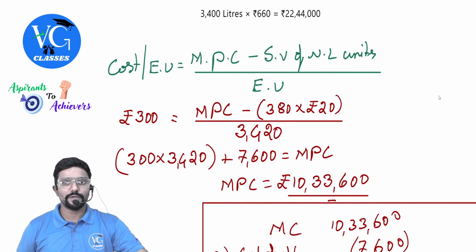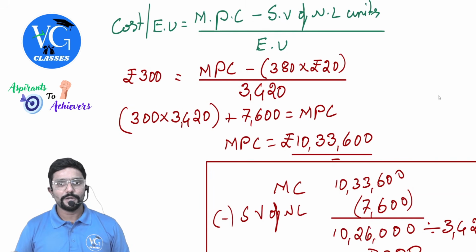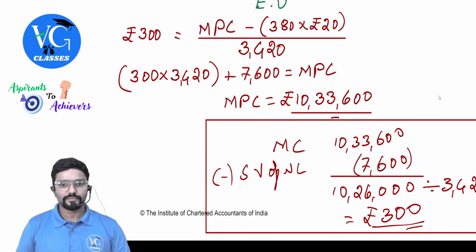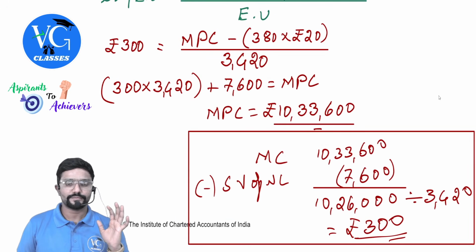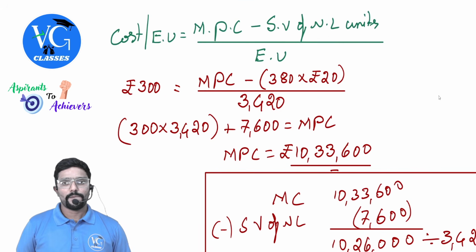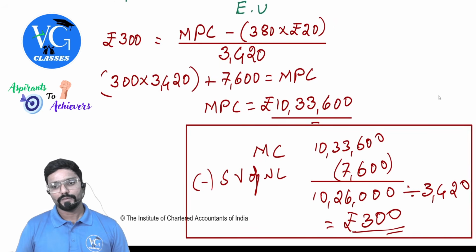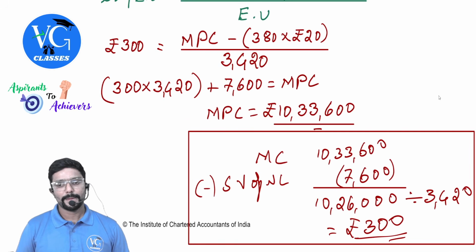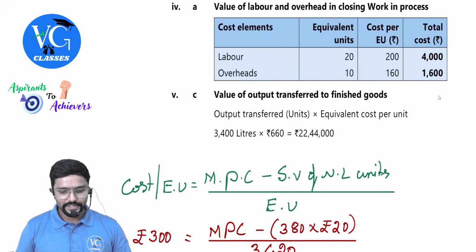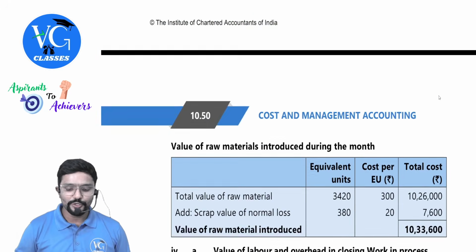If you guys want, you can make a note of this, because whatever they have done is a straight calculation. Yes, we'll proceed further. So the answer for this is 10,33,600.